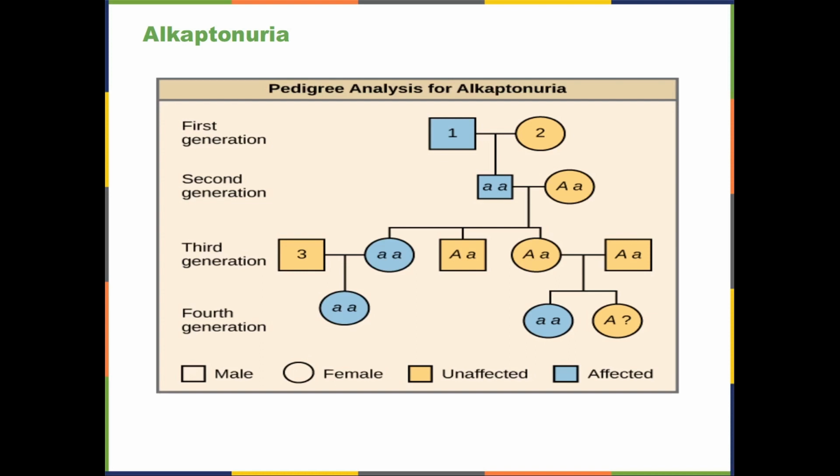If they are affected, they have to be little a, little a. In other words, because of that second generation, there's no way for an individual in that third generation to have two big A's. So the only option is for it to be big A, little a, and that's the sort of inference that we have to make in pedigrees to understand the way that these traits are passed on.